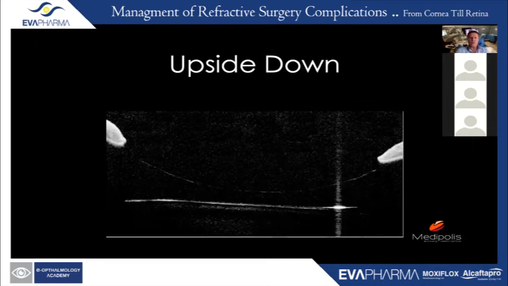Of course, this is a surgeon not paying attention to where the holes in the haptics are. When you introduce the lens, you can see immediately that the hole is in the wrong position, and you don't go further, you stop surgery. But in this case, the surgeon went on, and the ICL was delivered upside down in the eye. The surgeon did not notice it.